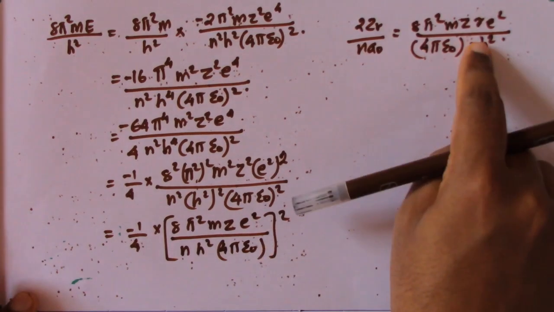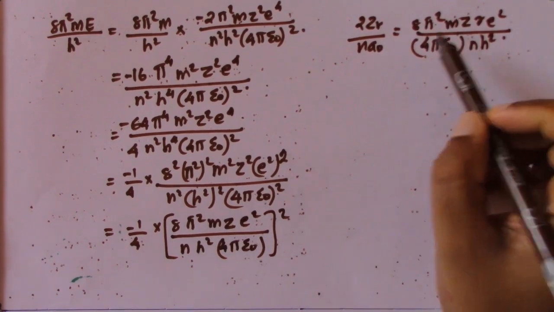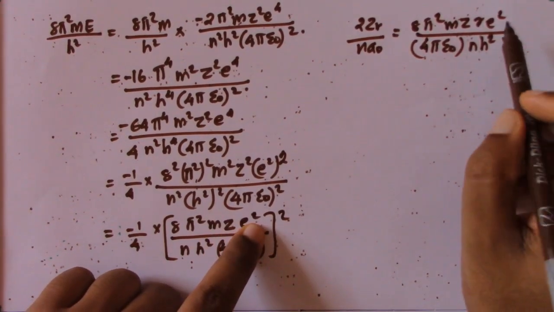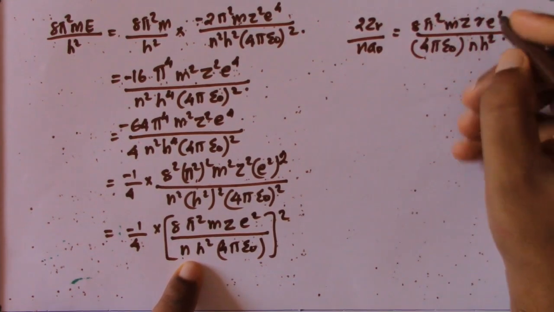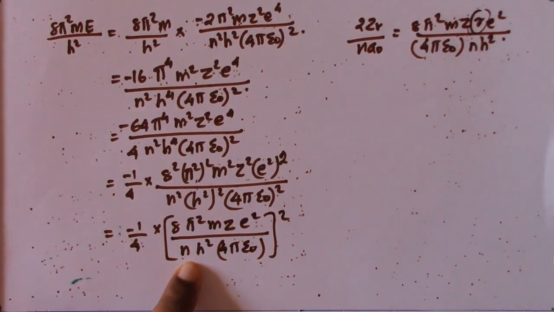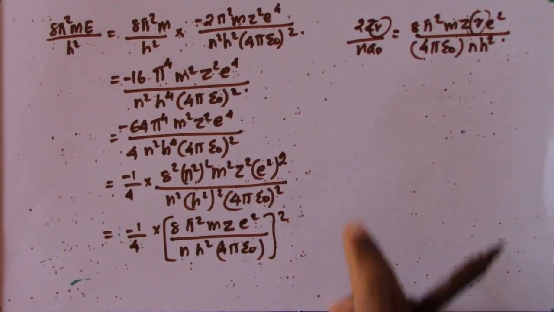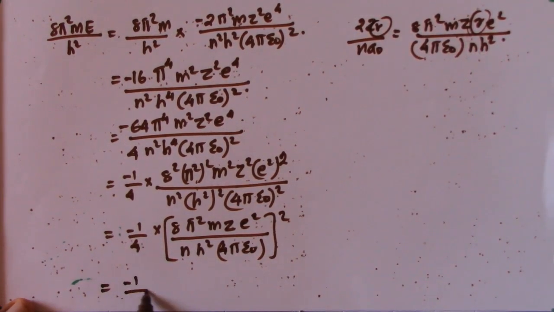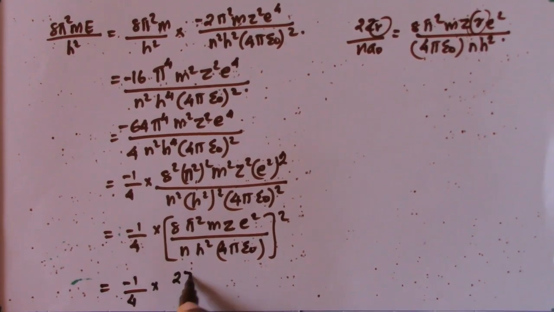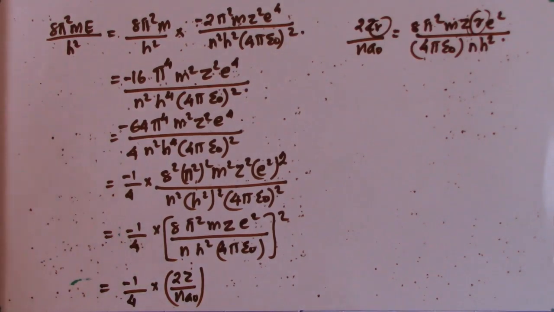So this term is 2z divided by na0, because 8 pi square m z e square by 4 pi epsilon 0 n h square is this one except r. If you strike out r from this one, what we get is 2z by na0. So this is minus 1 by 4 into 2z divided by na0, the whole square.